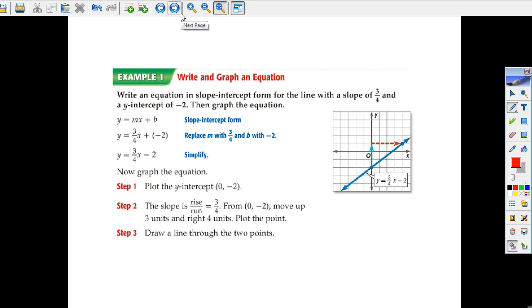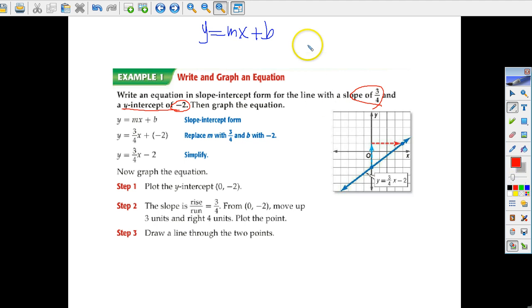Alright, so write an equation in slope-intercept form for the line with a slope of 3/4 and y-intercept of -2. Again, slope-intercept form is y equals mx plus b. They're telling you the slope is 3/4 and the y-intercept is -2.